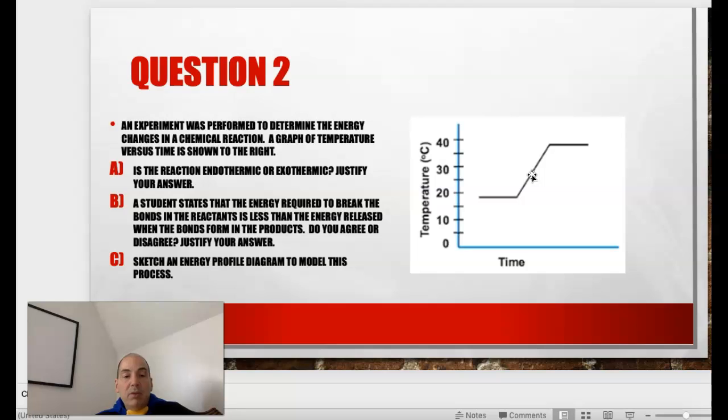We can only measure what happens as a result of it. So really this graph is the graph of the surroundings. And we see that the surroundings are absorbing heat to go from almost 20 degrees to almost 40. So the surroundings are absorbing heat. The reaction is giving off heat. So the reaction is exothermic.